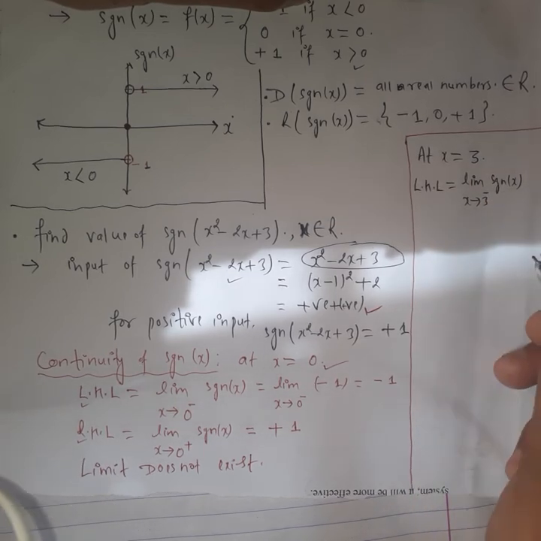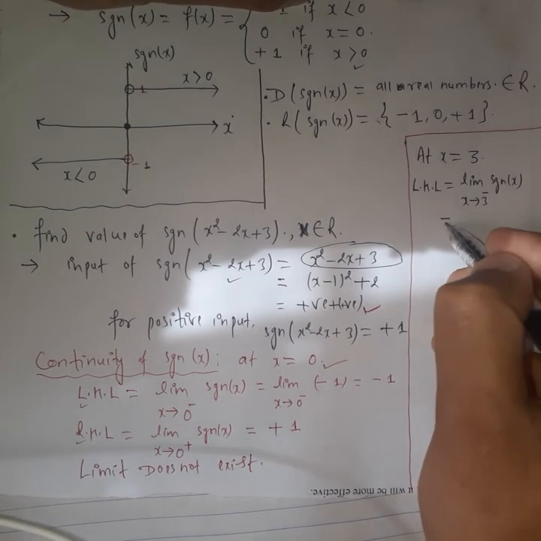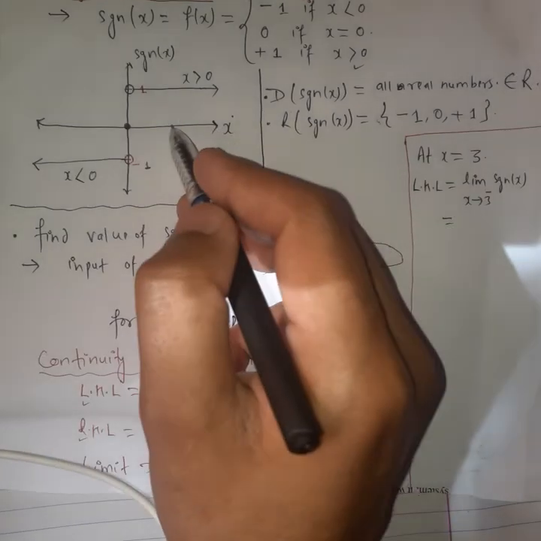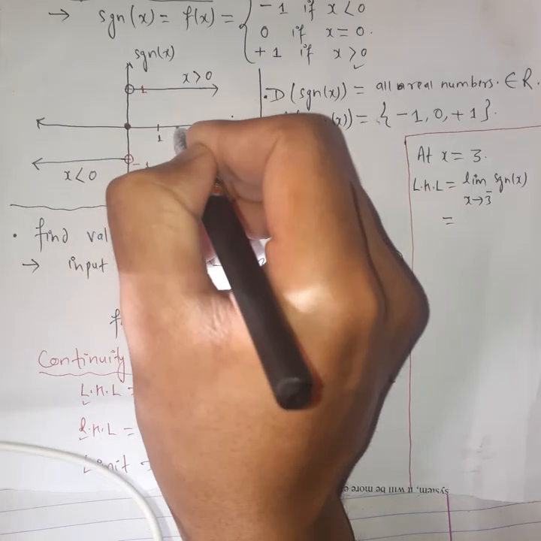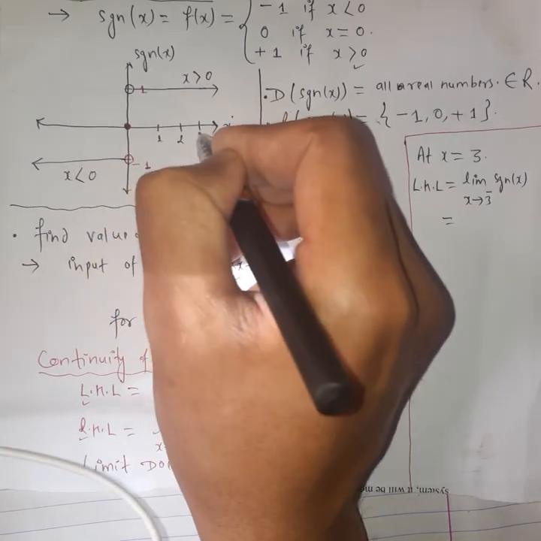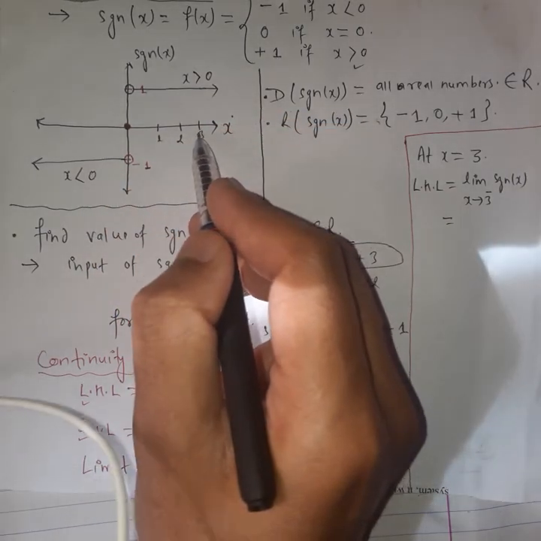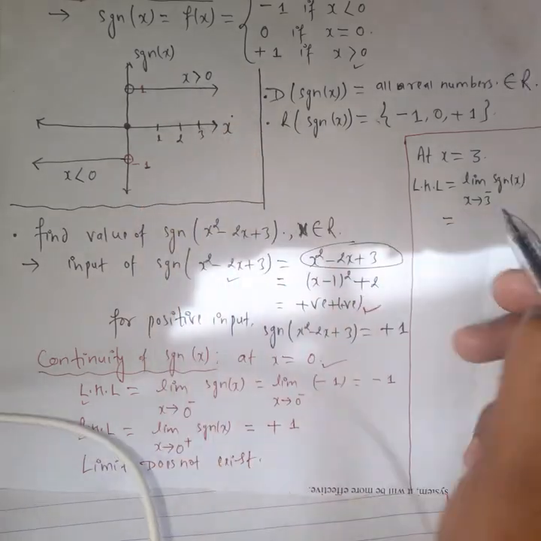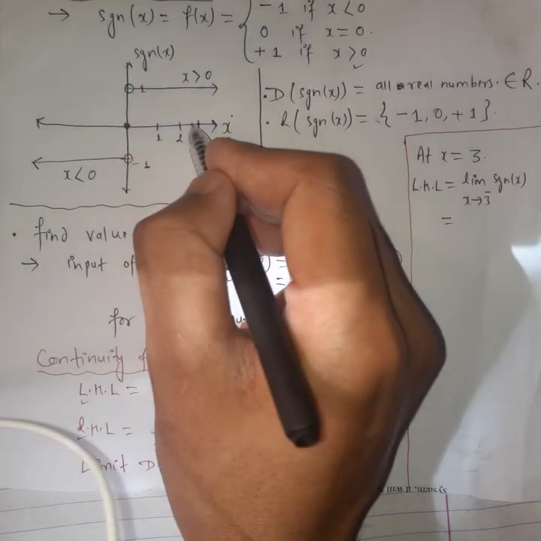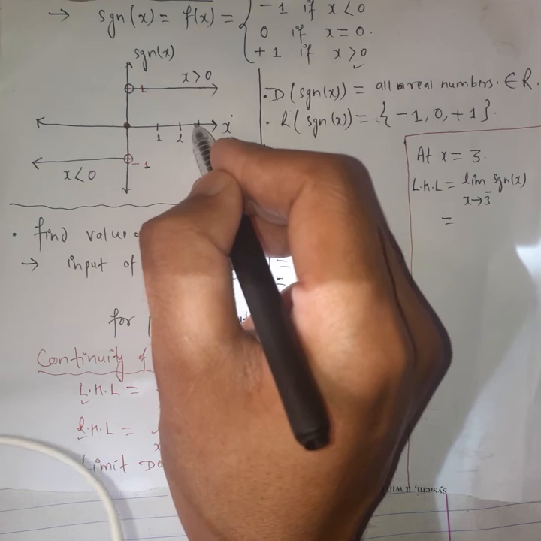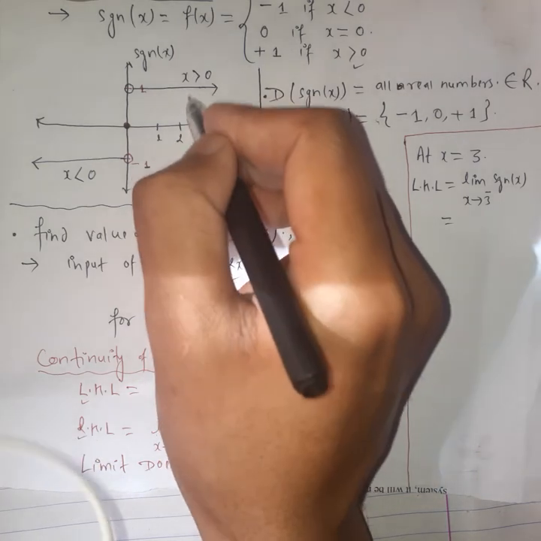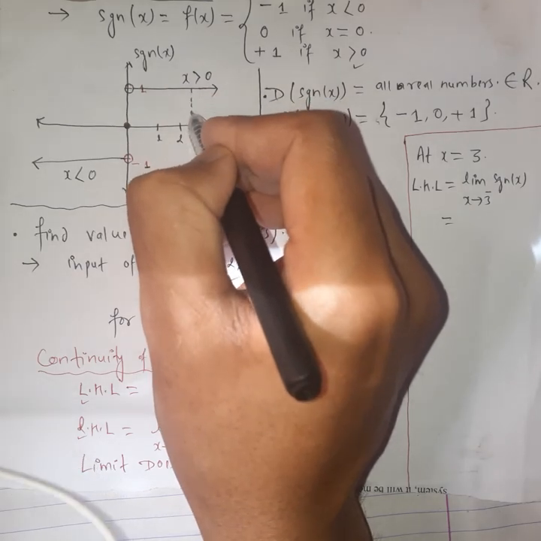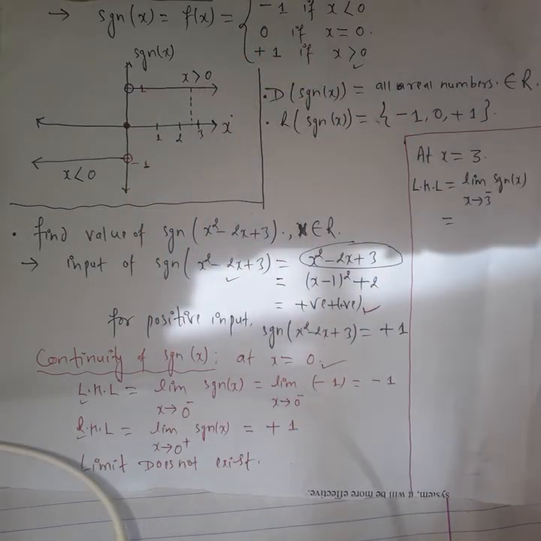If we approach this input 3 from the left hand side, taking values of x nearly equal to 3, then the corresponding output is positive 1.